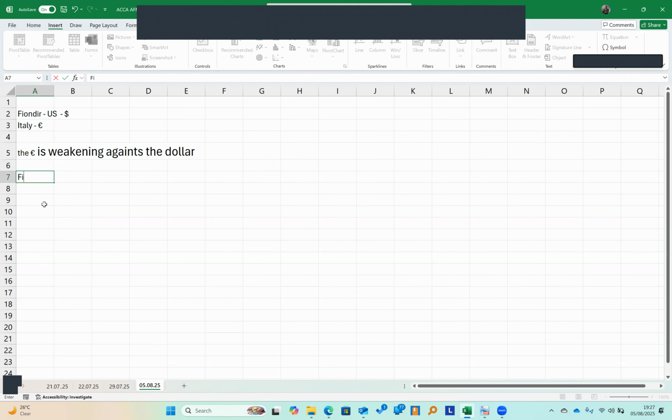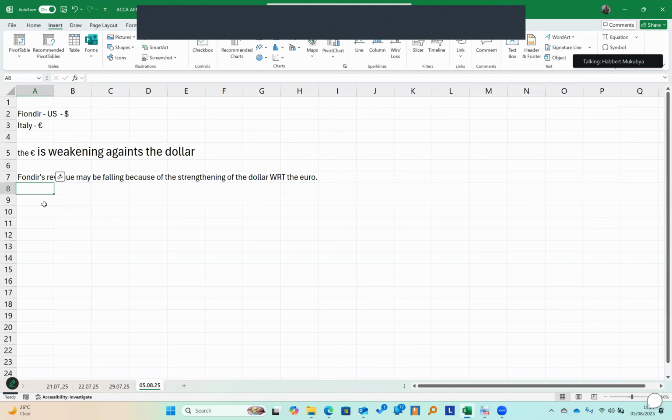So we can say Fondir's revenue may be falling because of the strengthening of the dollar with respect to the euro. What does that mean?